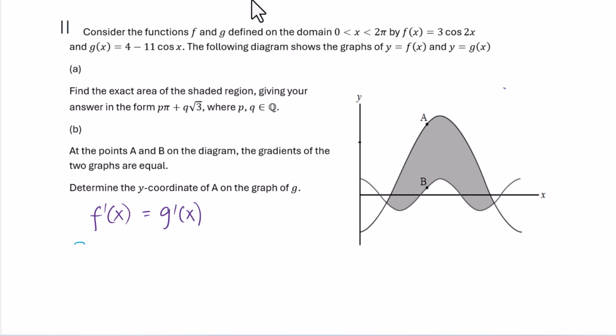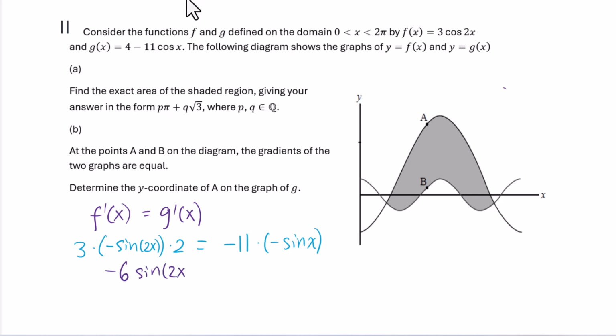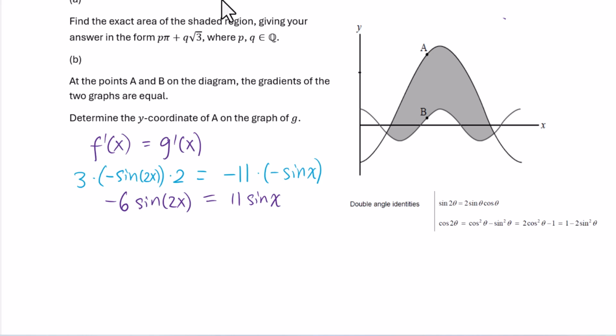So we got 3 times negative sine 2x times 2 equals negative 11 times negative sine x. Simplify: negative 6 sine 2x equals 11 sine x. We will use the double angle formula.